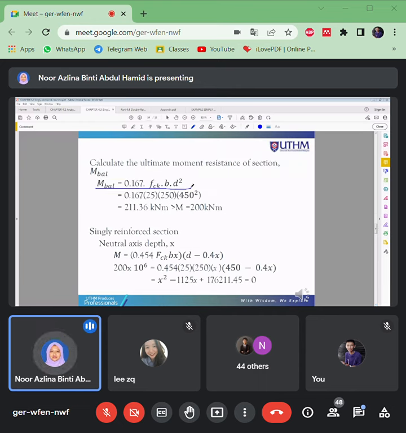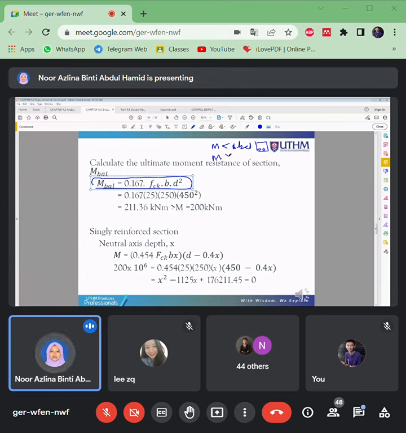Again, you have to compare the moment with the M balance, in order to know whether the moment is less or more than the M balance. If M is less than M balance, it should be singly.